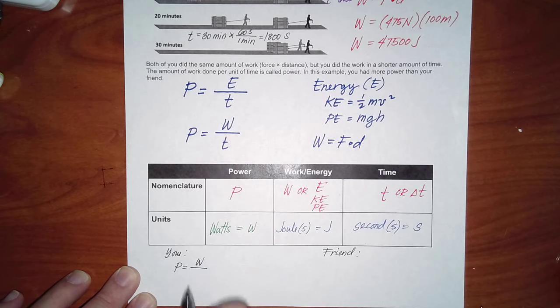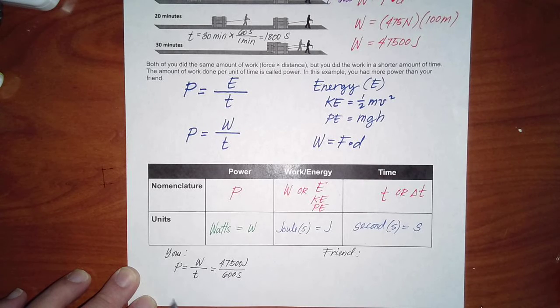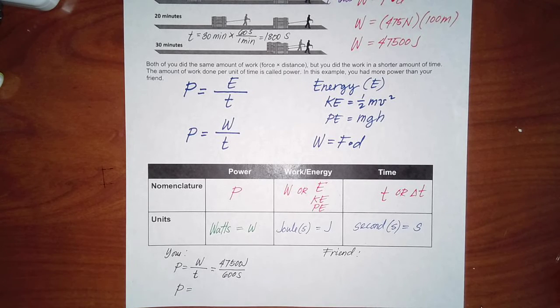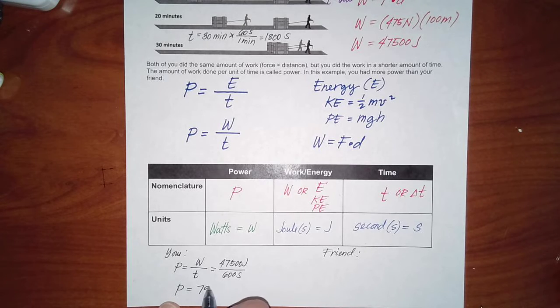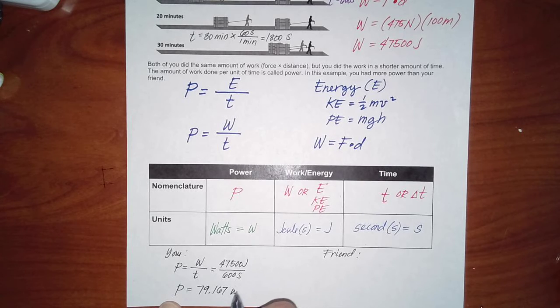You did 47,500 joules of work, divided by the time of 600 seconds. So the total power, or the flow of energy that you experienced as you were doing the job, is 47,500 divided by 600. That is 79.167, and the unit is W, or watts.